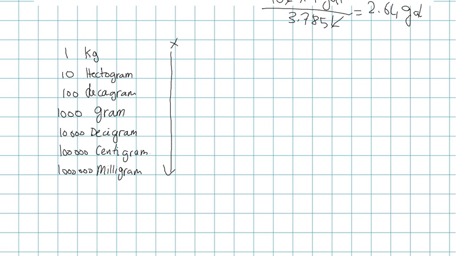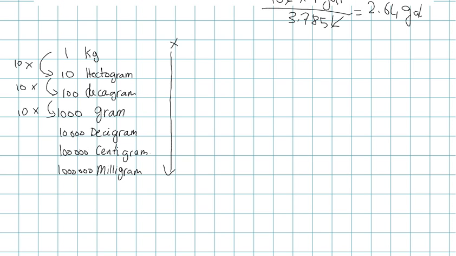So you multiply by 10, and the answer you multiply again by 10. If you want to move from kilograms to grams, you're going down 3 times, so you multiply by 1,000.